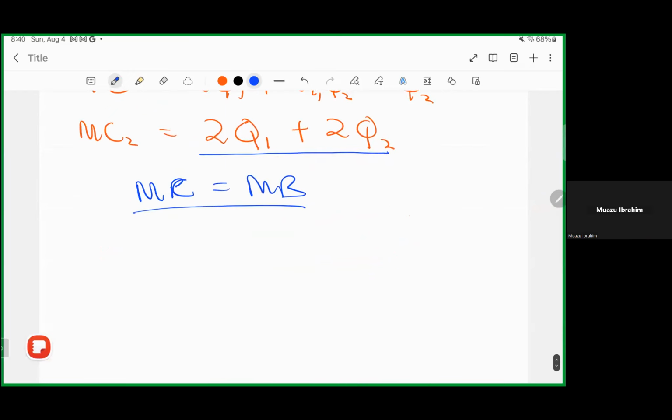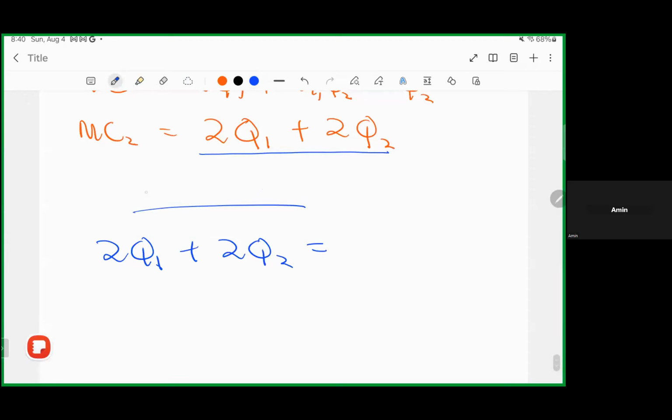Marginal revenue 2 is equal to marginal cost 2, to differentiate this one from the first one that we equated, where marginal revenue 1 is equal to marginal cost 1.